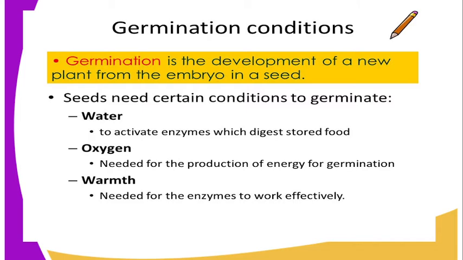The next condition required for germination is warmth. That is the optimum temperature. Seeds cannot grow when the temperature is either too cold or too hot, because seeds have enzymes, and very high temperatures will denature enzymes, and very low temperatures will inactivate enzymes.